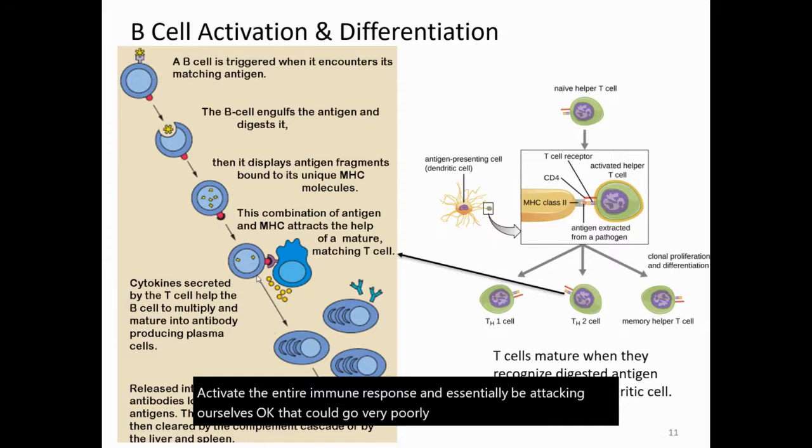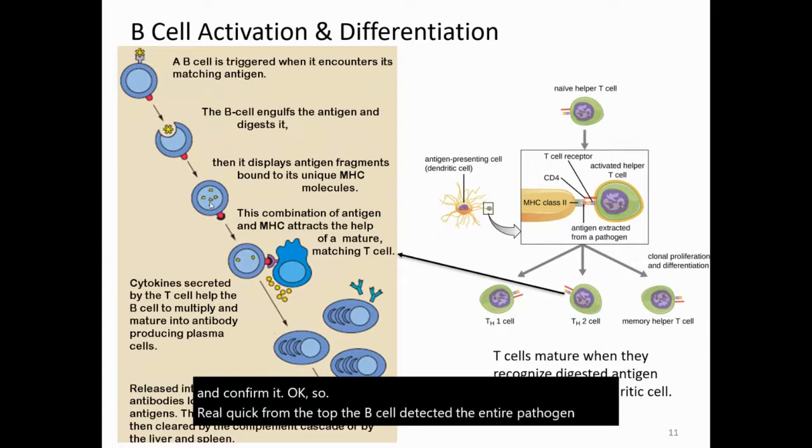So that's why there's two cells involved, just like with our humoral response, right? The dendritic cell presented the antigen, the T cell confirmed it. So it's kind of the same thing. The B cell is presenting it, then the T cell is going to come and confirm it. Okay, so real quick from the top, the B cell detected the entire pathogen.